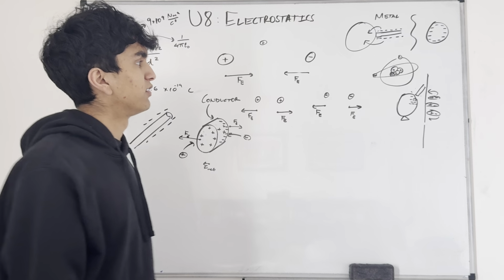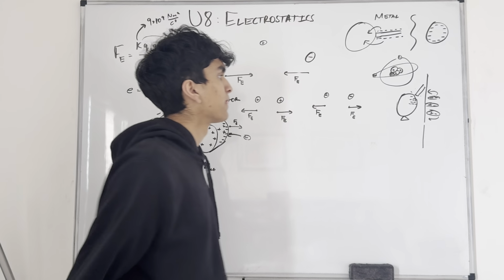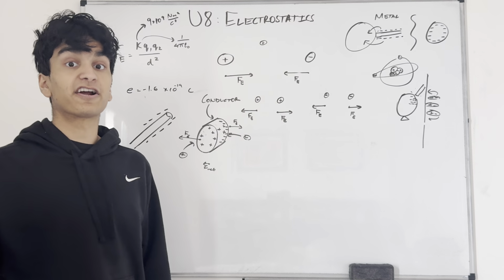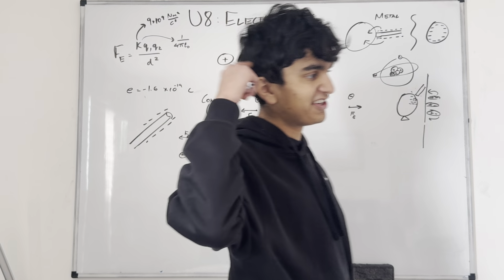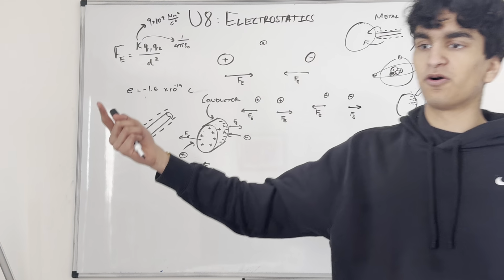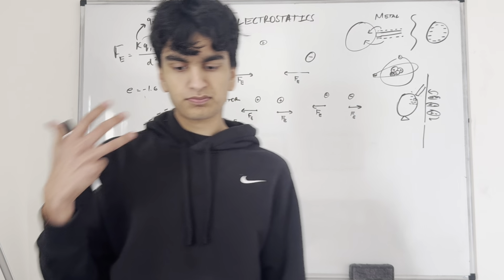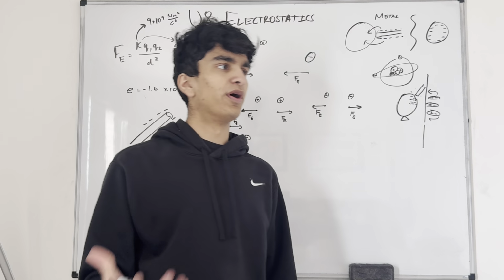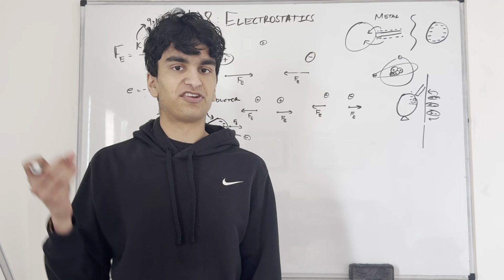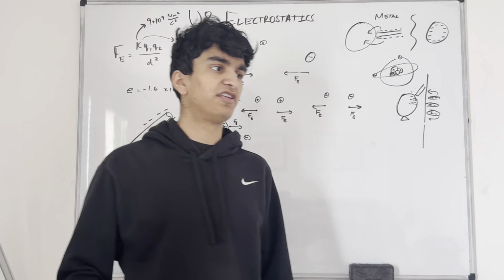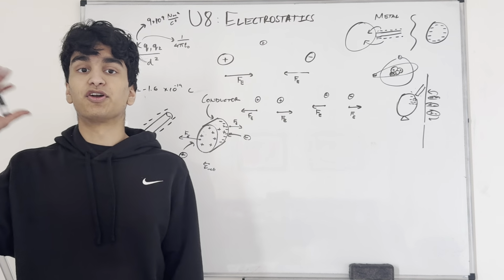I mean, maybe if the rod is like a conductor, but let's say you have a balloon and your hair, and you want the charge on your hair to jump over to the balloon, or vice versa. How do you want to go about doing that? Well, they're both insulators, so electrons are probably gonna have a hard time really jumping over to one side or the other. So you just got to give it a rub, right?